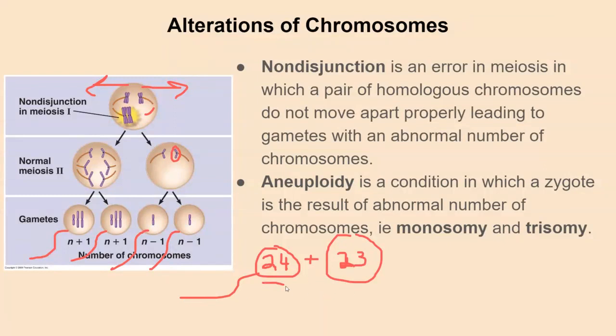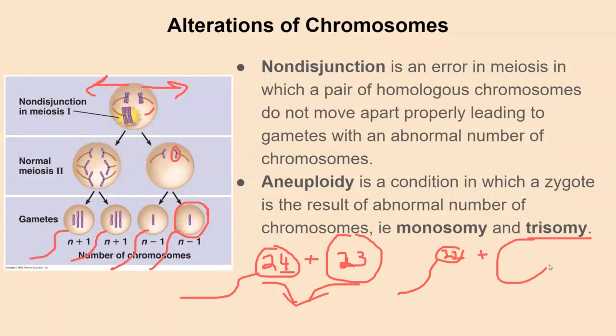And for instance, this zygote would have something called polyploidy, meaning it has too much DNA. And so you end up with something called trisomy, where you end up with one chromosome that has too much. Now, if I selected one of these for my sperm, instead of 24, it would have 22.